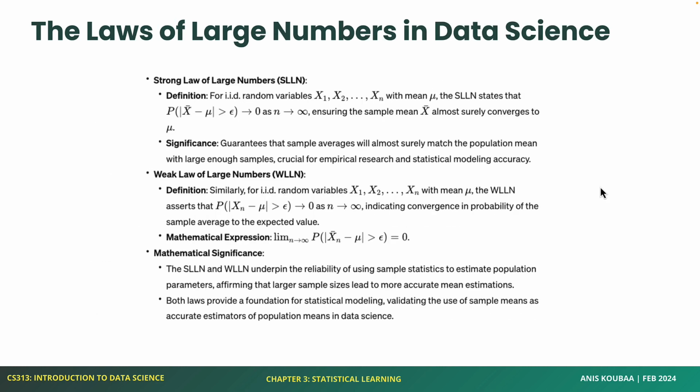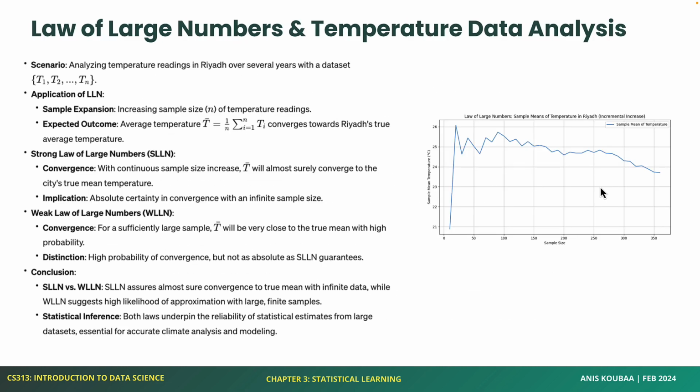And I'm going to illustrate this on the weather data set. Look now. Analyzing the temperature readings in Riyadh in 2018, what are we going to do? We're going to calculate the average temperature for a certain sample size n.